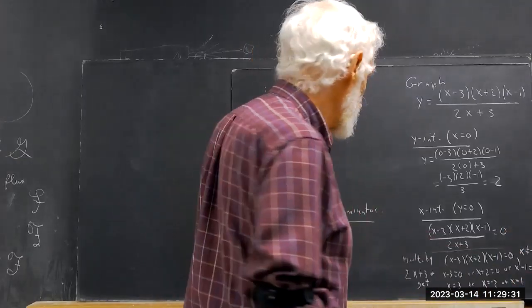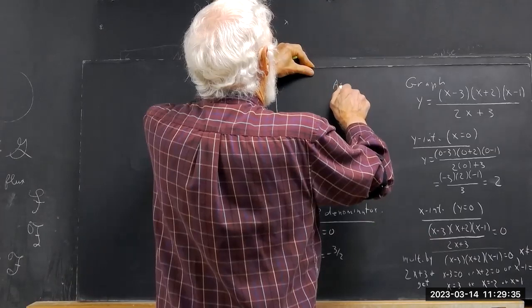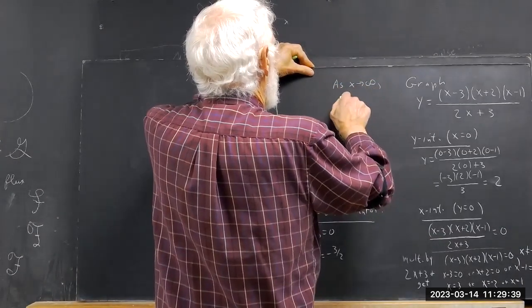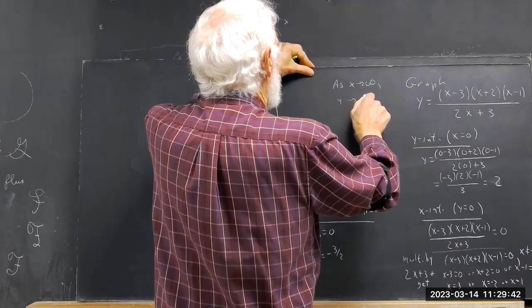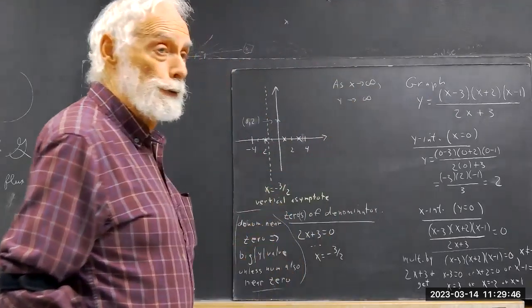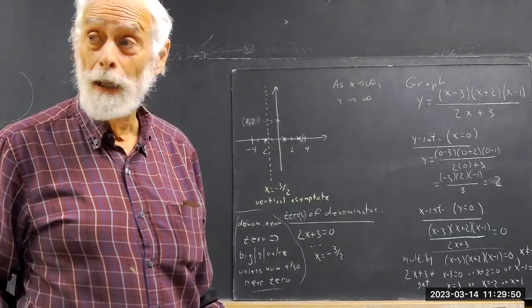So we can say as X goes to infinity, Y goes to infinity. That just doesn't go to infinity, it goes to infinity really fast.